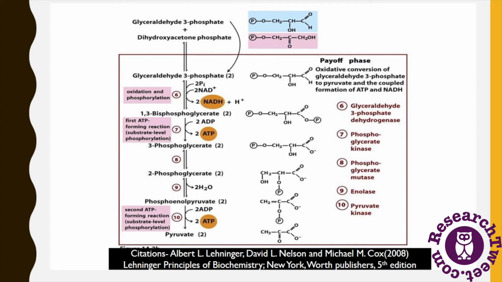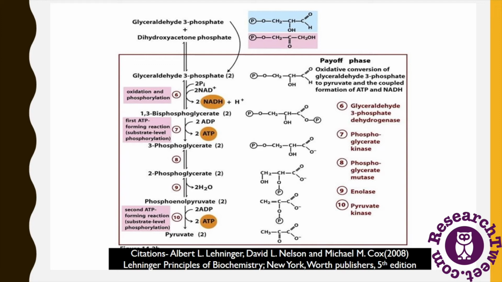And in another step, the seventh step of glycolysis, this 1,3-bisphosphoglycerate is converted into 3-phosphoglycerate, and this is also an irreversible step of glycolysis. Here substrate level phosphorylation occurs, and due to this 2 ATPs are formed from the 2 adenosine diphosphate molecules. This 3-phosphoglycerate is later converted into 2-phosphoglycerate with the help of the enzyme phosphoglycerate mutase.